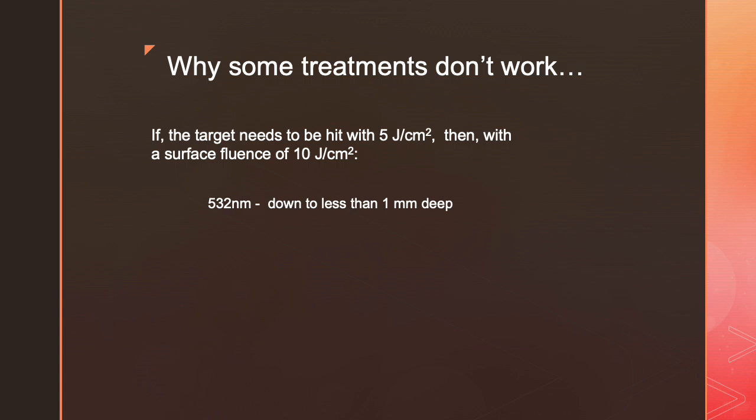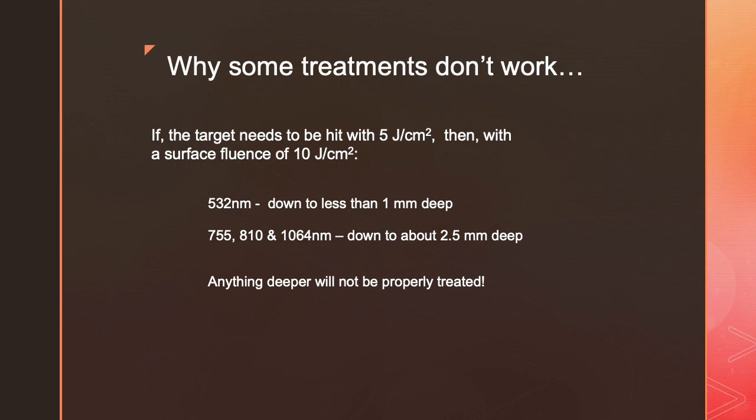So anything deeper than 1 millimetre, we will not have a positive beneficial effect because we can't get the energy down there. With the infrared wavelengths, we can get down to about maybe 2.5 millimetres and be able to deliver a 5 joule per square centimetre fluence. But anything deeper than that will not be properly treated because there's insufficient energy or fluence reaching those deeper targets.